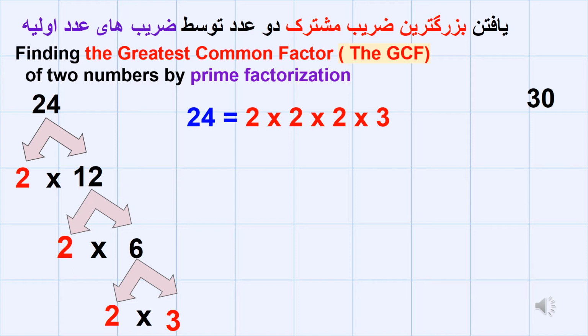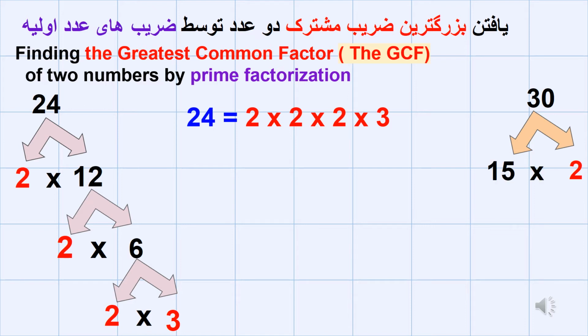Another number is 30. We should find the prime factorization for number 30. 30 can be divided by 2 and 2 is a prime number, so one of the factors can be number 2. Another factor is 15 because 2 times 15 is equal to 30. 15 is a composite number.